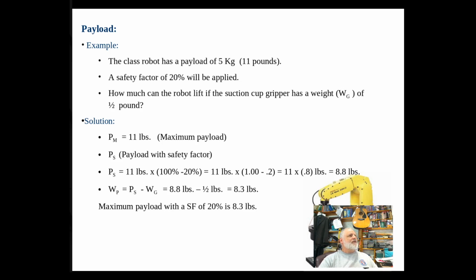Kind of not showing real well, I guess, because of the webcam there, but this is a 200iC LR Mate robot, which we have two of in the classroom, and they're rated with a payload of 5 kilograms.